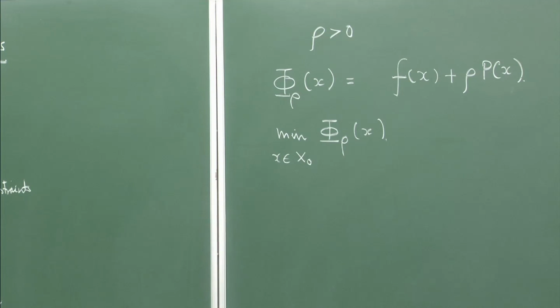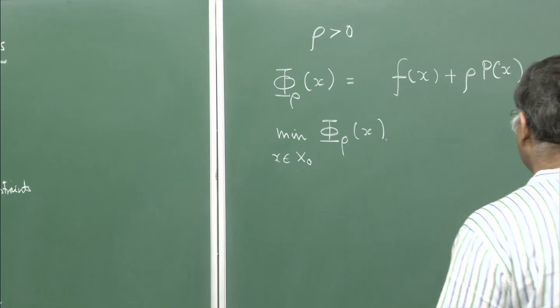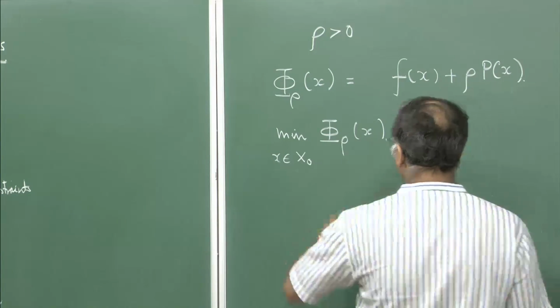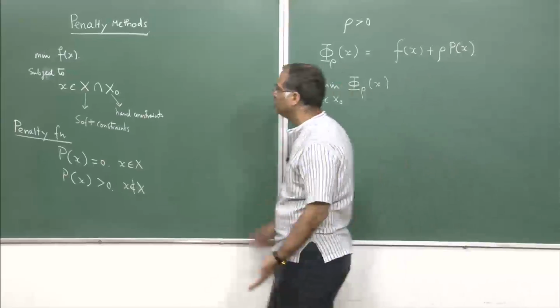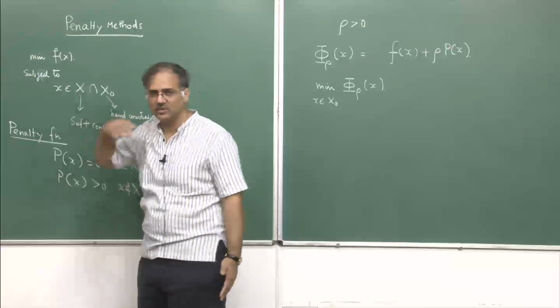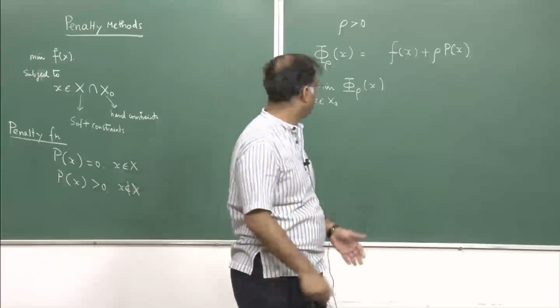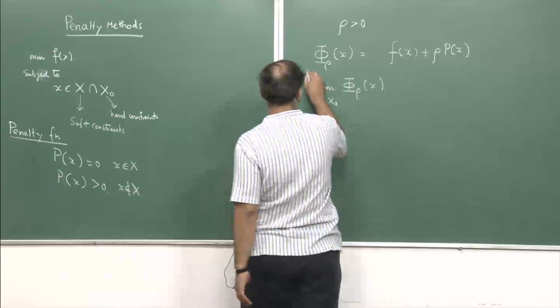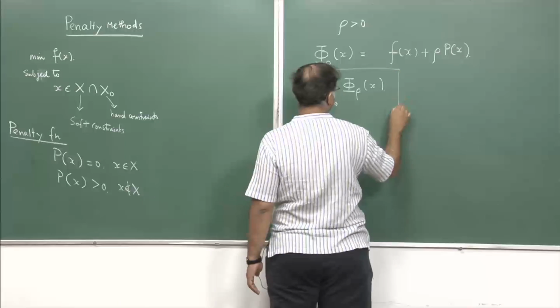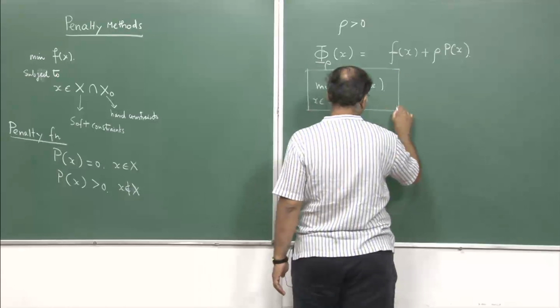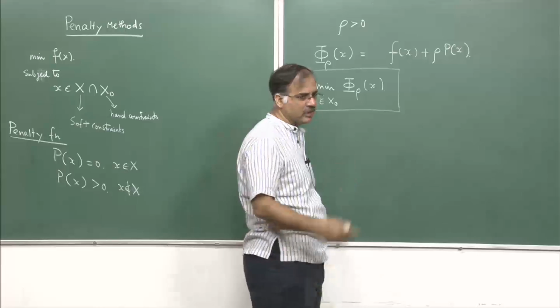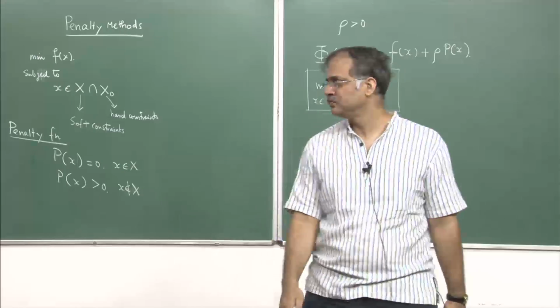But the question would remain, how does the solution of such an unconstrained, or this simpler constrained, problem relate to the solution of the original problem, and that is what we are going to investigate at this moment. So, this is what is called a penalty problem. What we do is that we can keep on changing this rho and keep on successively solving this problem.